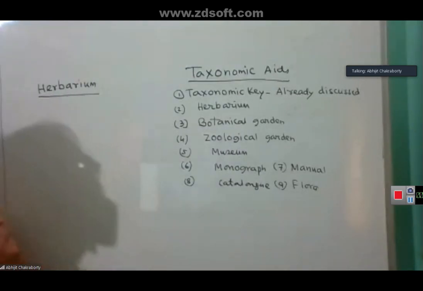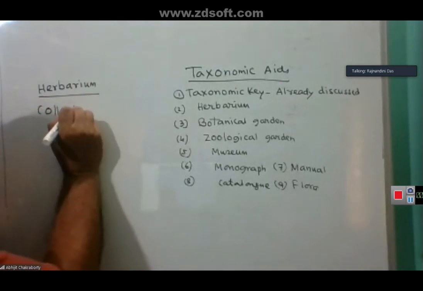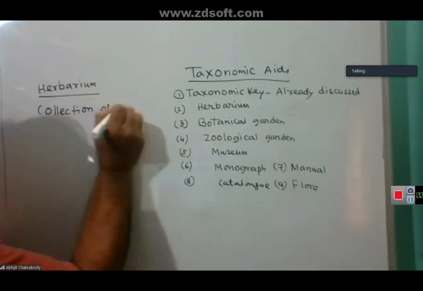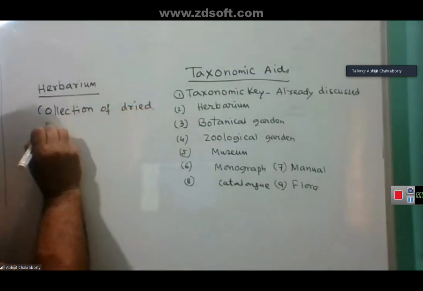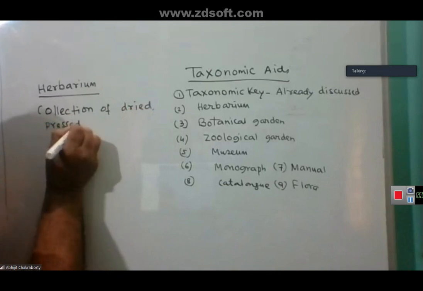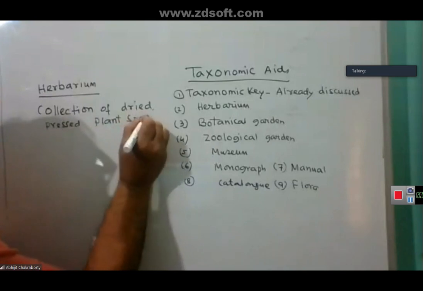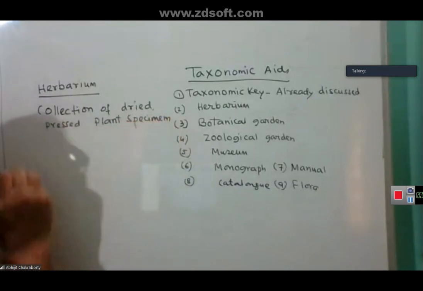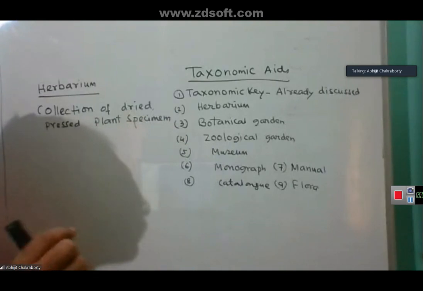Now you see, herbarium, what is herbarium? It is a collection of dried, pressed plant specimens, which are arranged following a particular classification system, mainly the Bentham and Hooker system.